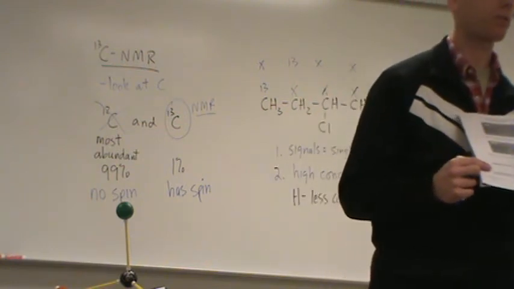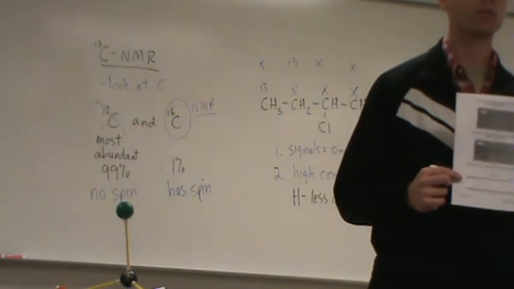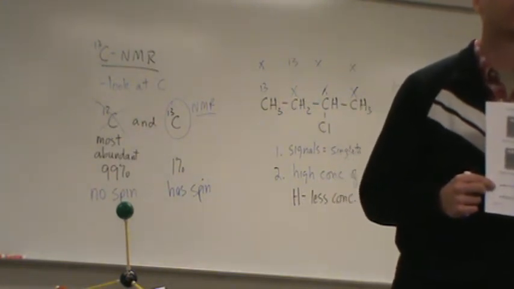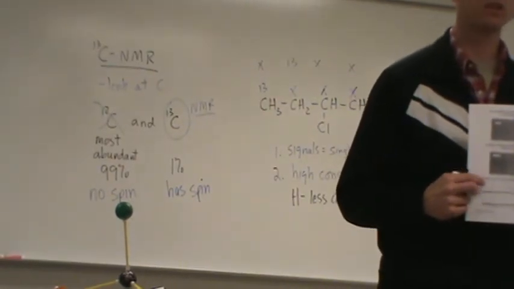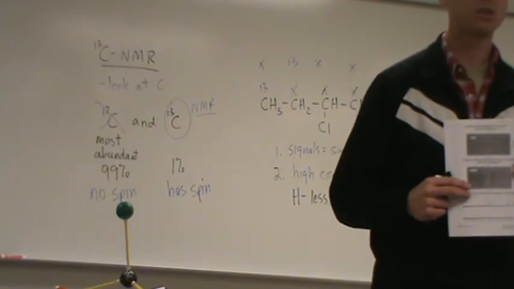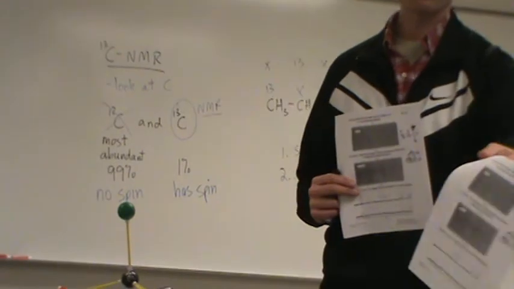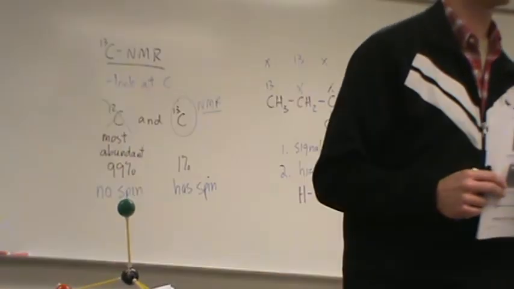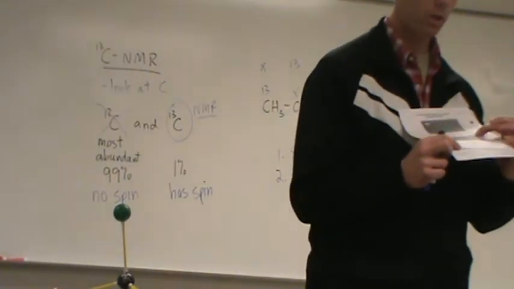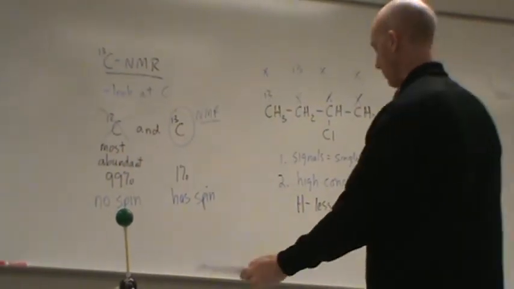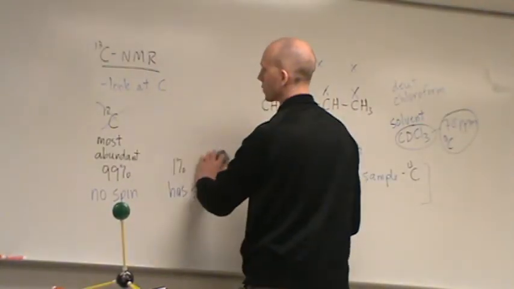Look at the chemical shift values. What do the chemical shift values range from? Okay, so you can see it's a broader scale, from 0 all the way down to 240. That's the first big difference.